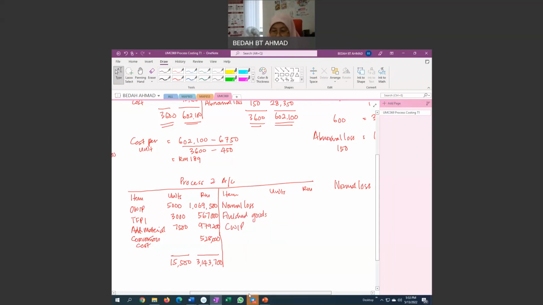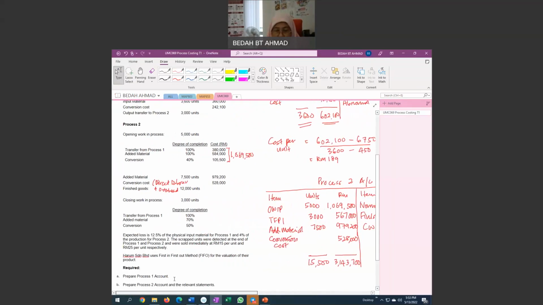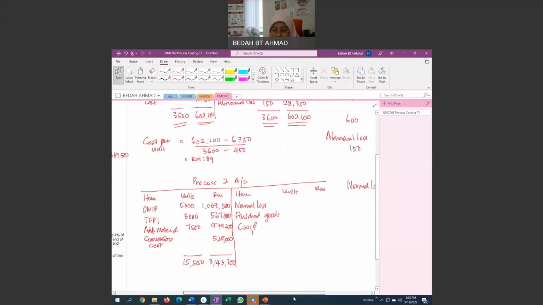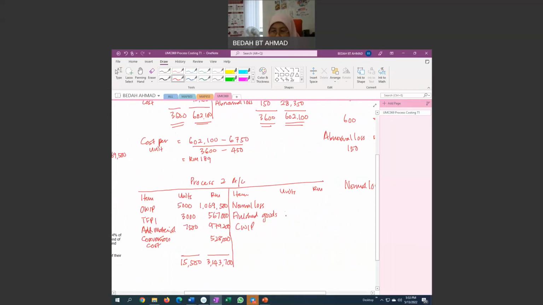So we look at the question for the information given. Closing work in progress is 3,000. Finished goods is 12,000. So here is 3,000, so make sure that balancing will be 15,500. That means automatically we will know that the normal loss will be 500.